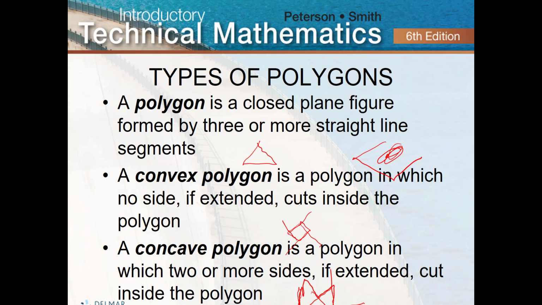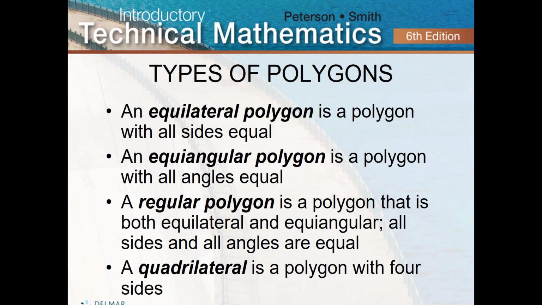And I always think of concave as like a hole, and I think about convex as like a hill, just for reference. An equilateral polygon is a polygon with all sides being equal, and poly means many, gon means sides.